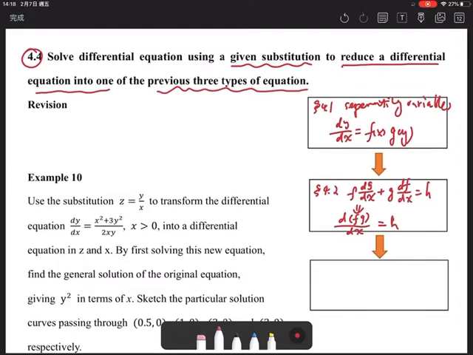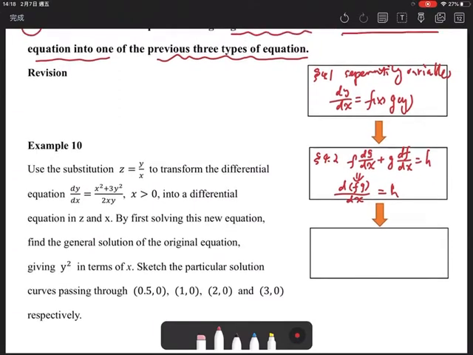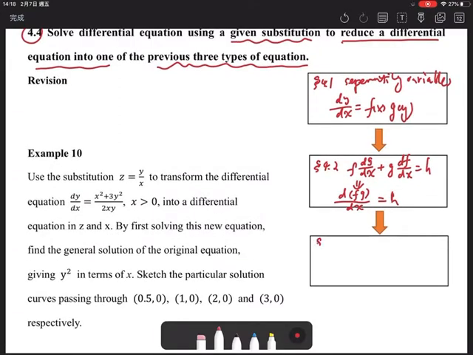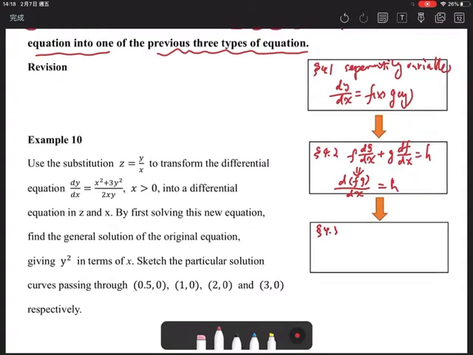This is type 2, and type 3 is similar to type 2, but we have to multiply an integrating factor to make it an equation of type 2. This form is dy by dx plus p(x) times y equals q(x).